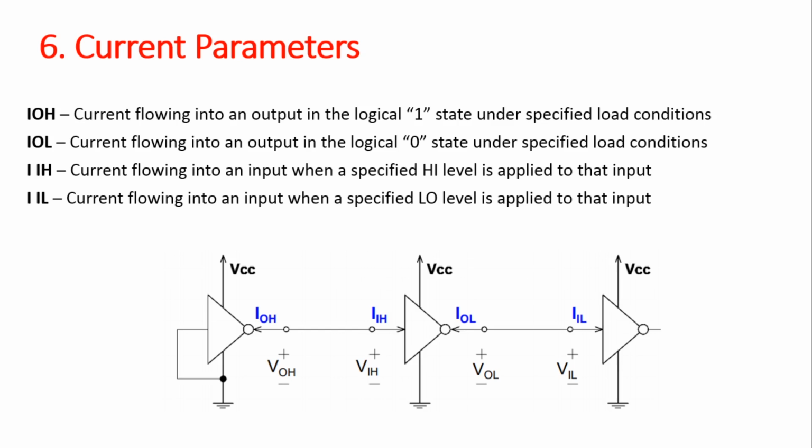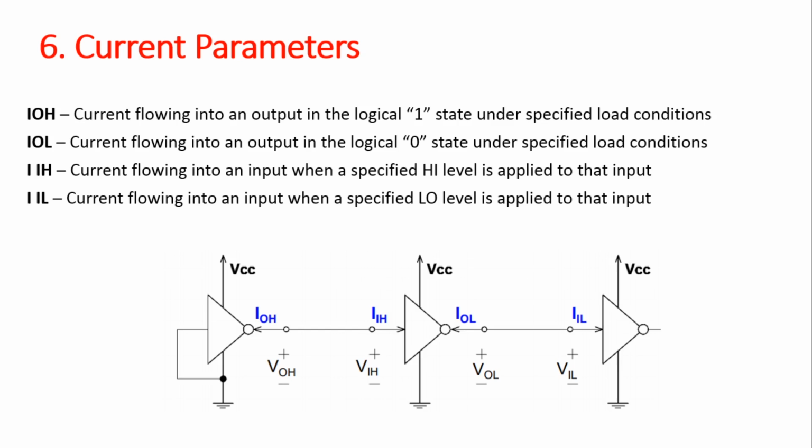Now next is the sixth one, current parameters. In current parameters, the first one is IOH, the current flowing into the output in the logic 1 state under specified load conditions. Next is IOL, the current flowing into an output in the logic 0 state under specified load conditions.